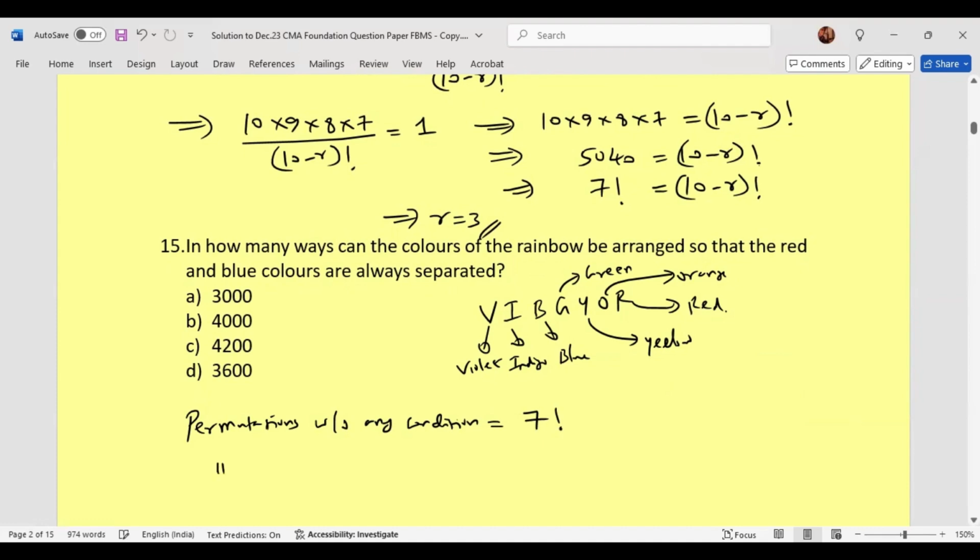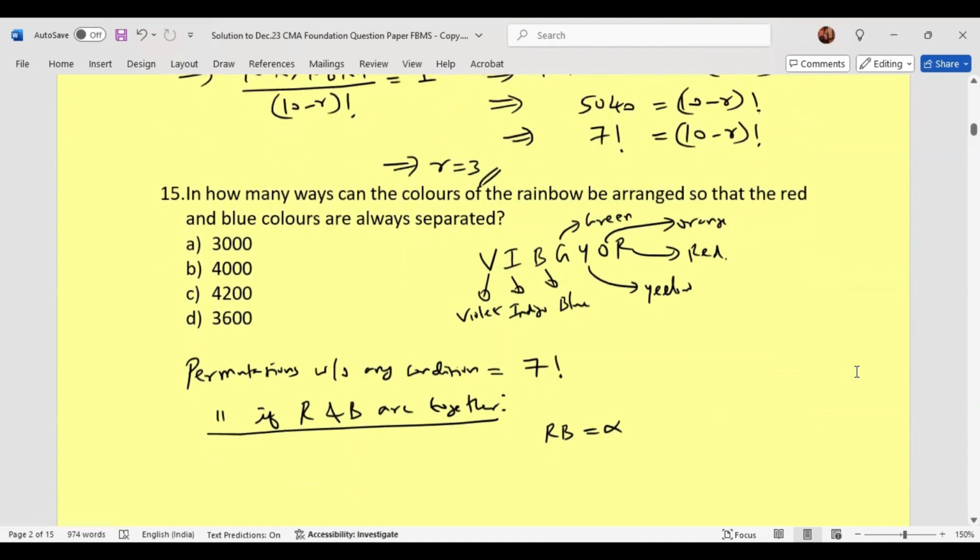Now, permutations if red and blue are together. In this case, we will be considering red and blue together as some alpha.